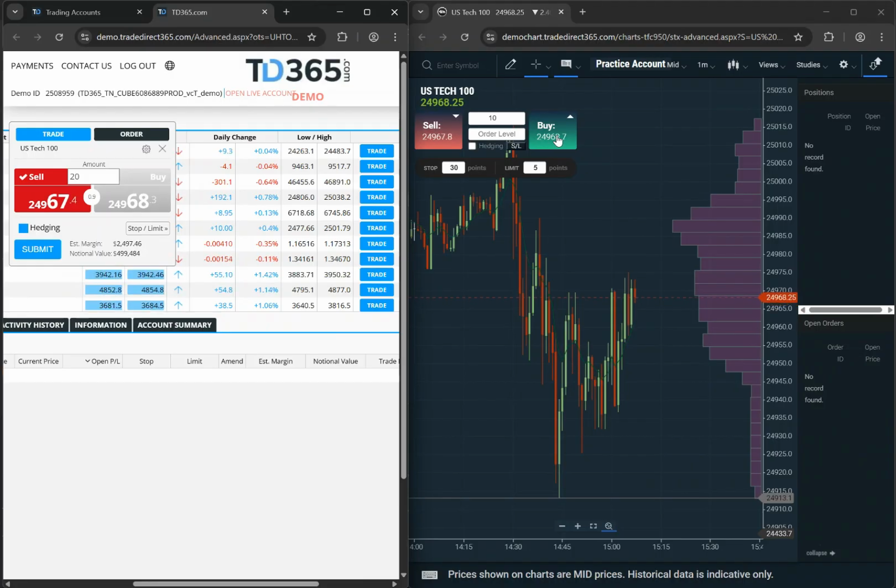I hope all that makes sense. Once it gets to one extreme, I'm looking for price to move in the opposite direction, and that becomes the direction that I'm scalping in.